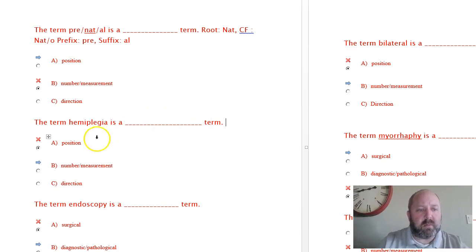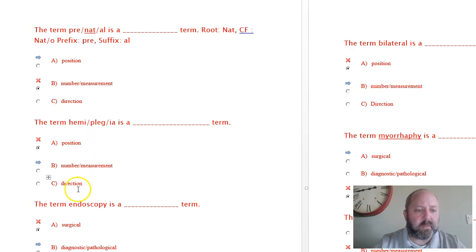So the next one is hemiplegia, right? Of course here I'll just mark this. Hemi is the prefix, and plegia. So what is this? Again, is this a position?